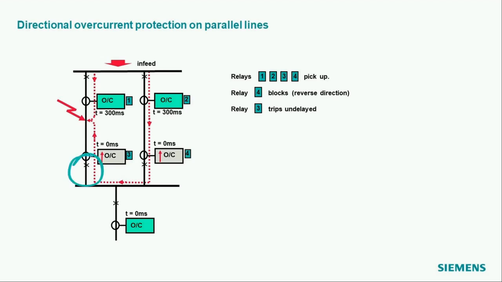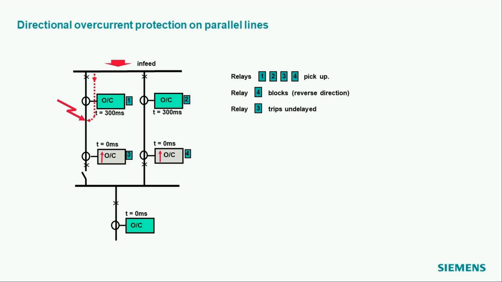What is going to happen then? Relay number 3 trips undelayed and opens the breaker, and after the breaker is opened, the current flow through the parallel line to the short circuit location is interrupted.